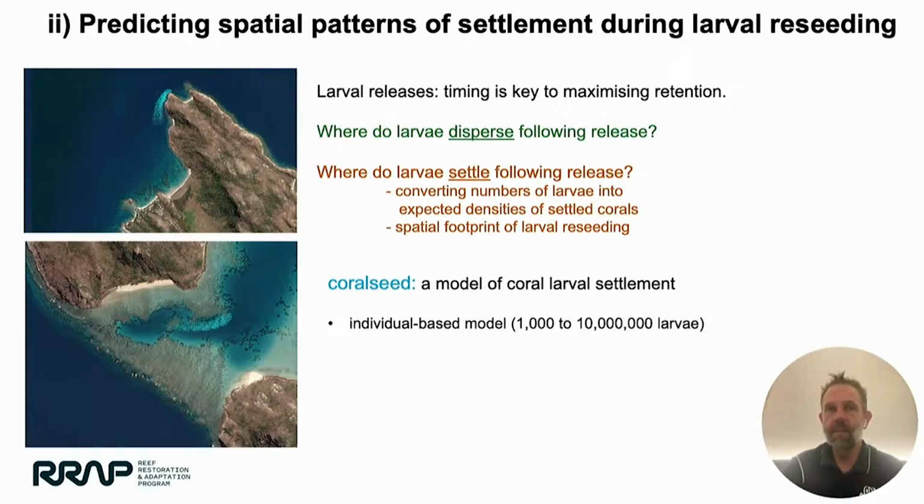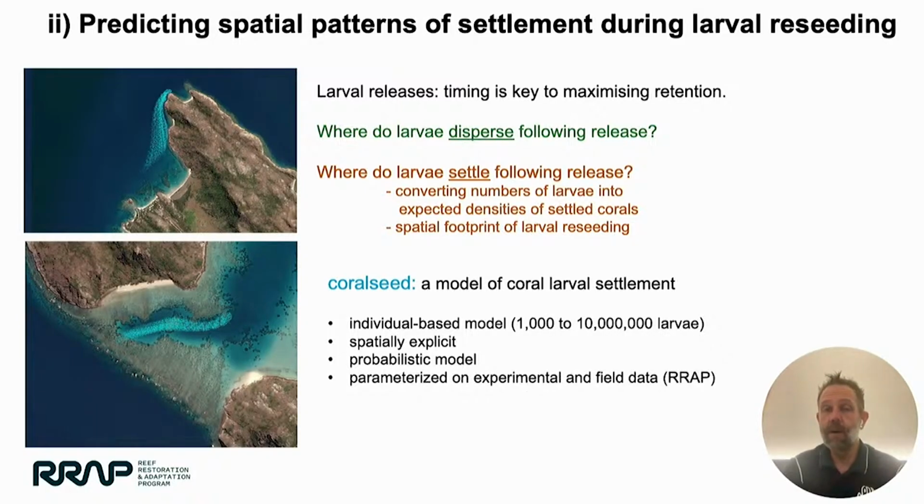CoralSeed is spatially explicit in terms of incorporating these larval particle tracks, but also interactions with habitat maps. So where are larvae passing through space and time, and are they passing over habitat that could be suitable for coral settlement? It also adopts a Bayesian framework, so it's probabilistic in terms of determining settlement outcomes, and importantly, it's parameterized on experimental and field data generated under the RRAP components.